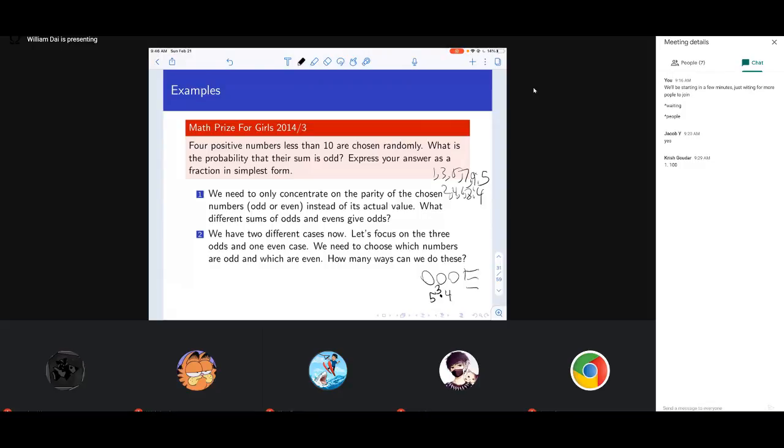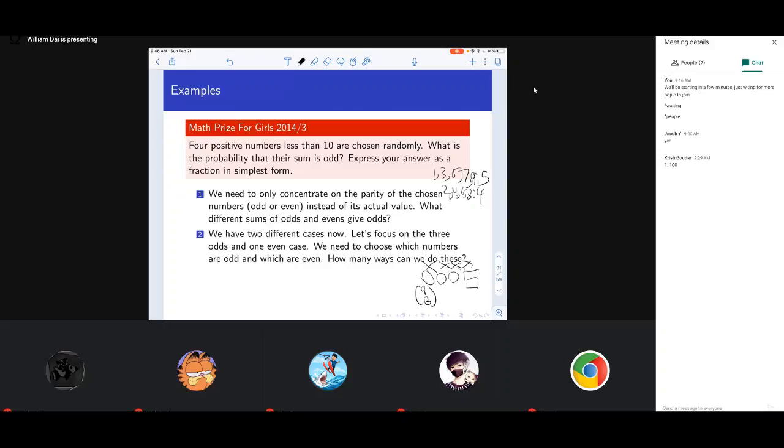There are 4 choose 3 ways to choose which of the 4 numbers are odd. We have these 4 numbers here, and we have to choose which ones are odd.